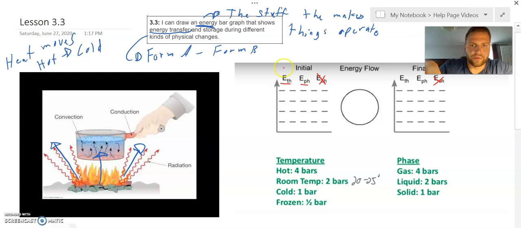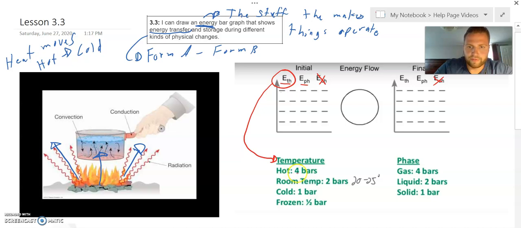E thermal corresponds to specific values, and those values have to do with temperature. So we're going to be drawing bars into these pre-described locations. Depending on what the scenario describes, we have to draw the amount of bars that is representative of that situation.